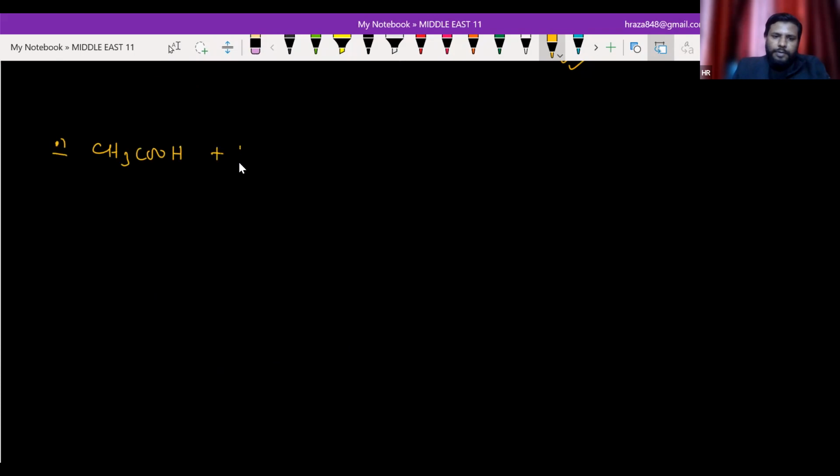There is a reaction given. Is there any condition under which we can consider it to form a buffer solution? What I want to say is, can they form a buffer solution or not?